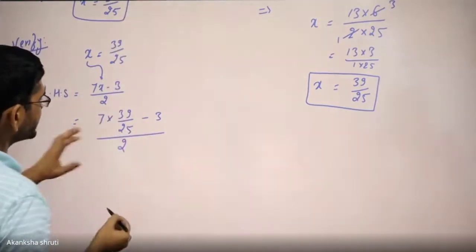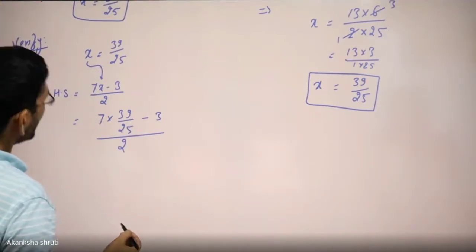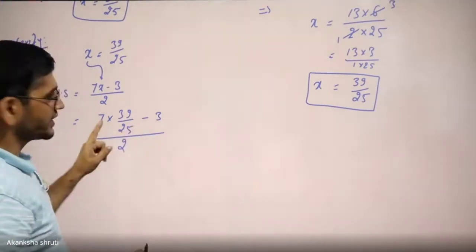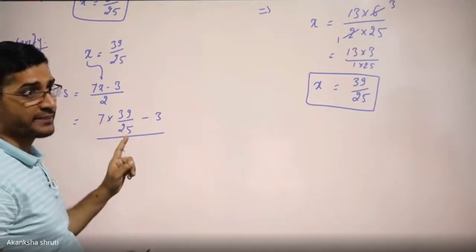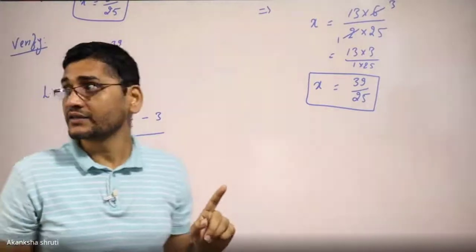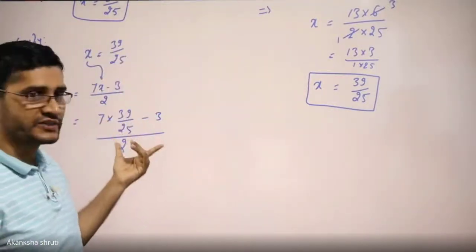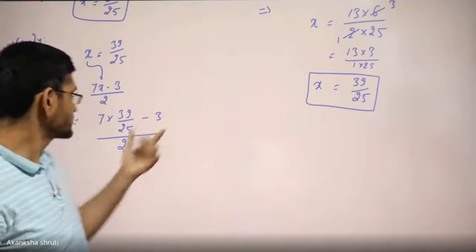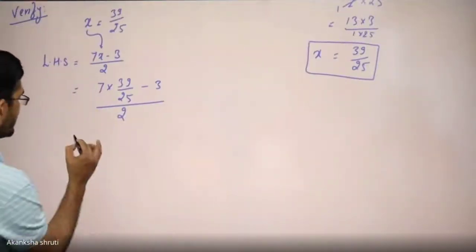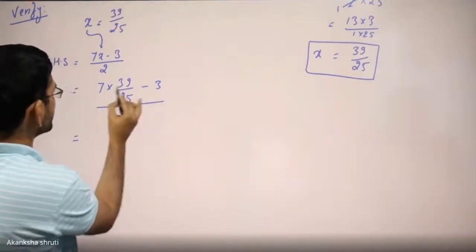So student, be careful regarding solving this. I had explained how to solve such in chapter 1. That's why I have paid too much focus in chapter 1, and I had told there that these are very important things, because such expressions will come everywhere. So let me explain once more. Whatever numerator is there, you need to solve this numerator first.